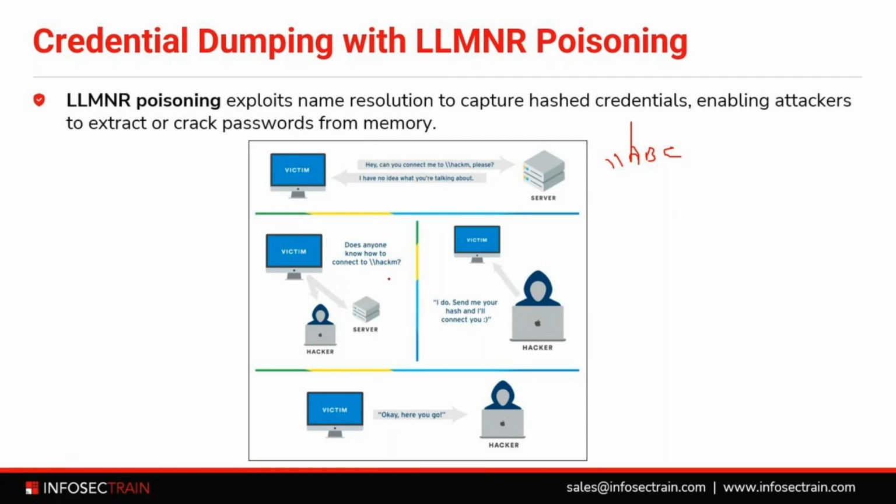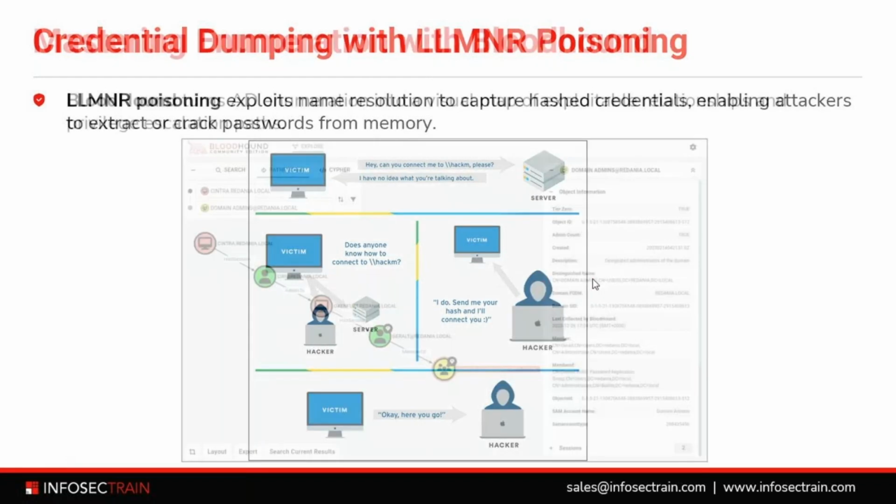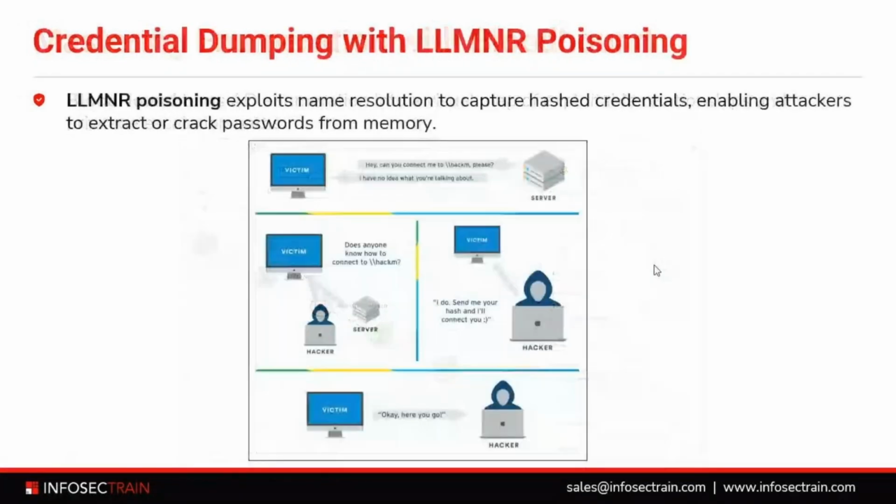So in the network, there is an attacker sitting, and the attacker says, yes, I do. Send me the hash of your password and I'll connect you, right? So the victim will send his credentials, the hash of his password, to the hacker, and the attacker now has the hash of the victim's password, right? That's how the attacker gets it.